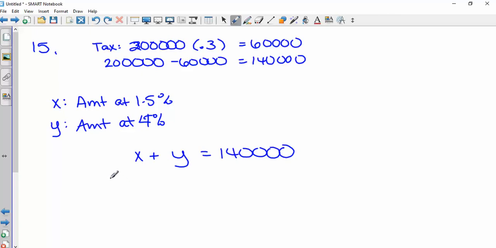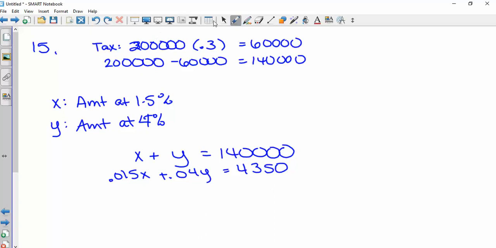X plus Y has to equal how much money she had? 140,000. What's another equation? To find your interest, you take your amounts times their percents, add them together, and that equals our total interest.